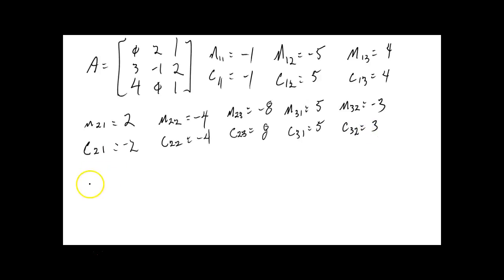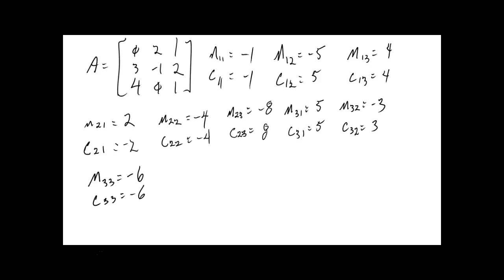And the last one, I guess I have to go down here, M3, 3. A little louder. Okay, so -6. Okay, and cofactor 3, 3. -6 again, because it keeps the sign. Okay. They wrote them differently, but we'll see. -1, -5, 4.